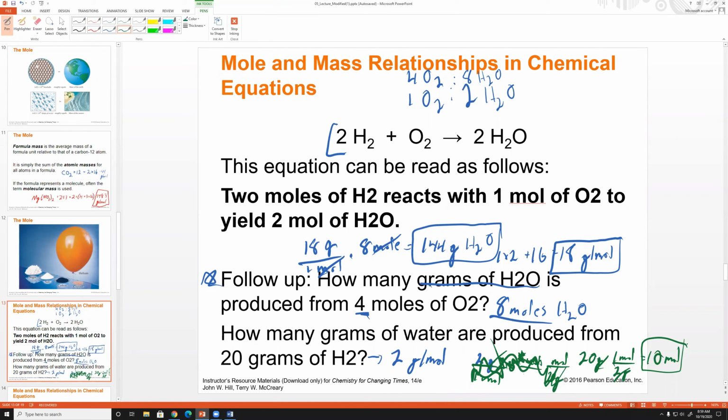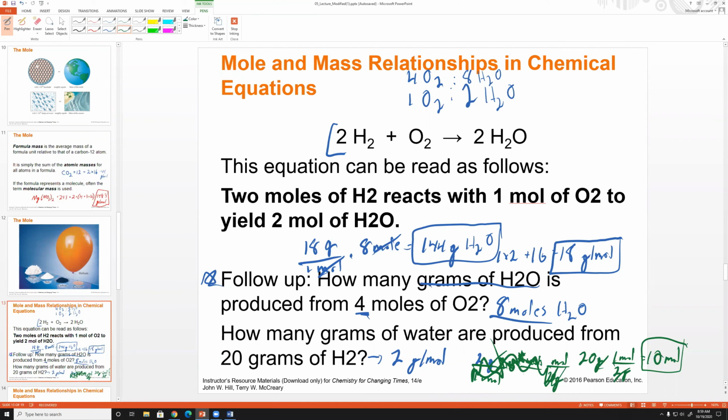I have a better way of making it more simple. So the question is now, to follow up on this to finish it off, how many grams of water are produced from 20 grams? So now we know that 20 grams of H2 is 10 moles. Now, if we look at the equation, we see that 2 moles of H2 produce 2 moles of water.